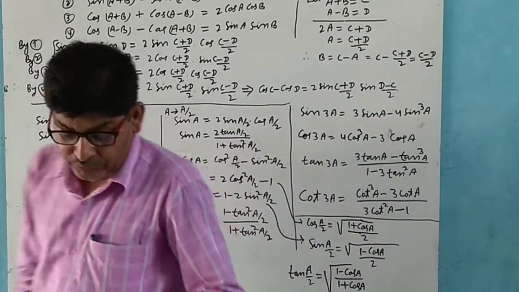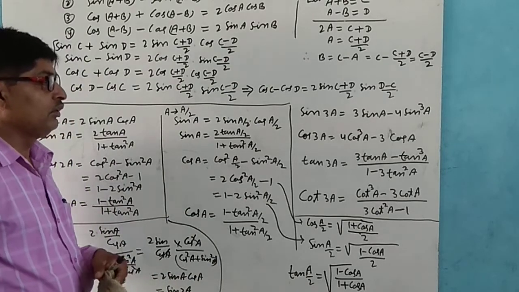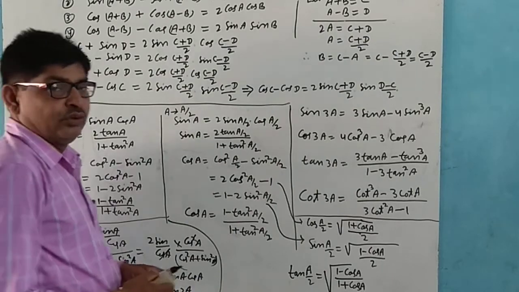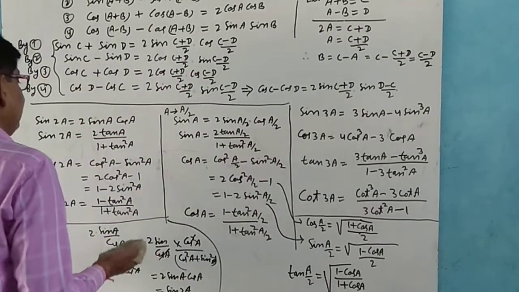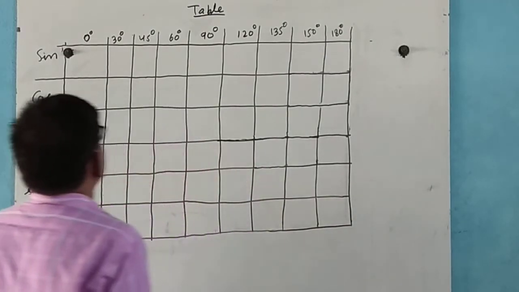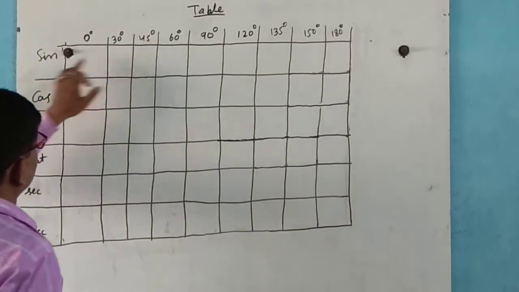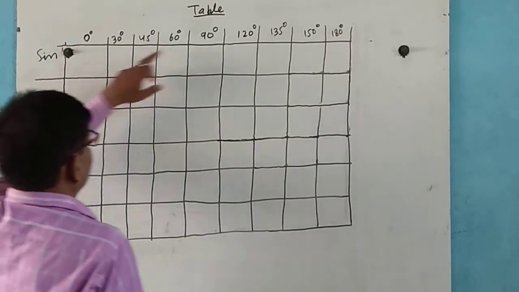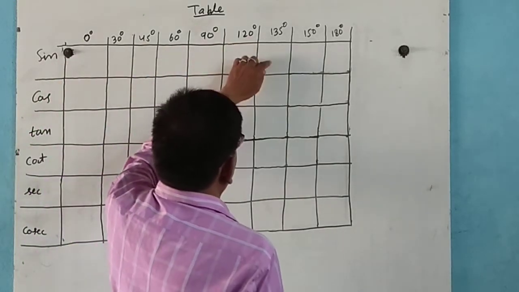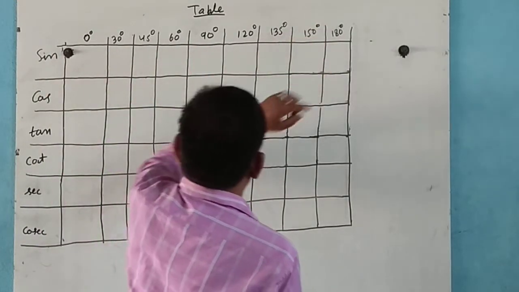Now we discuss the tables. Sin 0 degree is 0, sin 30 degree is half. Now here: sin 0 degree, sin 30 degree, sin 45 degree, sin 60 degree, sin 90 degree, sin 120 degree, sin 135 degree, sin 150 degree, sin 180 degree.